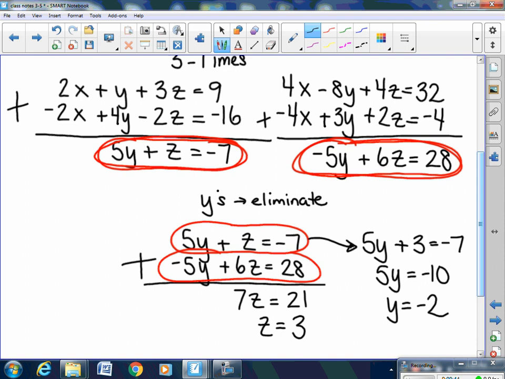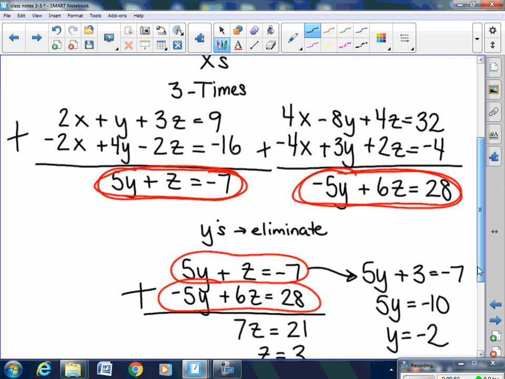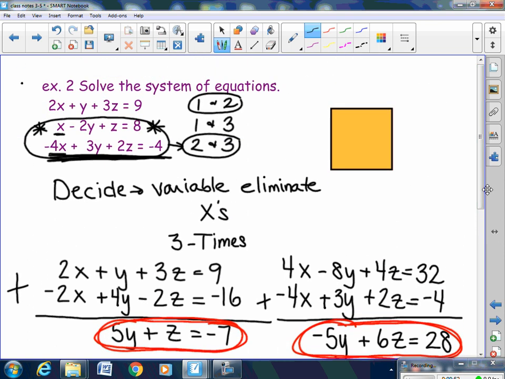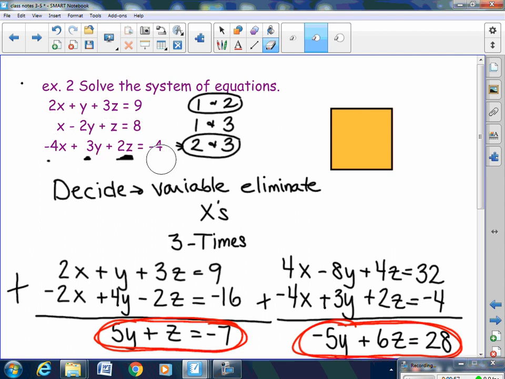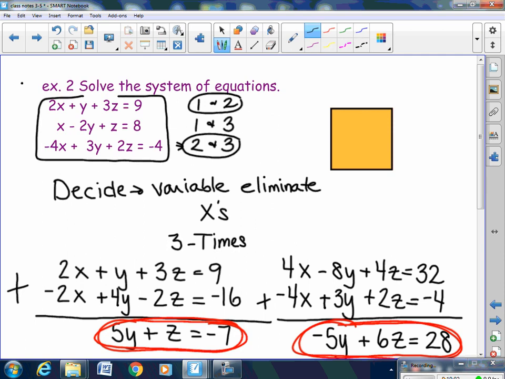So now that I know my y, and now that I know my z, I can go way back to the beginning to find my x. So I'm going to go all the way back here, and I'm going to erase all this just to show you I can go back into any one of these three, because I know the y and I know the z, so the only variable I don't know is the x.